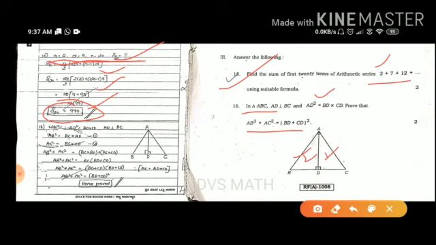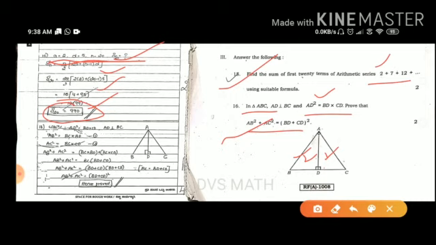See here, if you apply this, AB square is equal to AD square plus BD square. Again, if you apply Pythagoras theorem separately for both of these, taking equations 1 and 2, adding equations 1 and 2, you can get this proof. Clear? They gave AD square is equal to BD into CD.